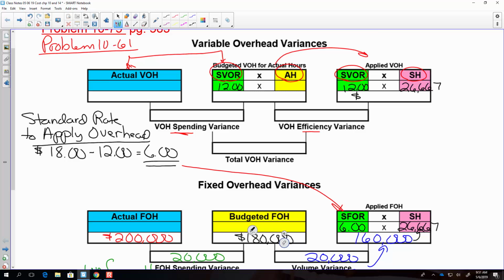Probably not a nice number either, Tom. I kept it in my calculation of 320,000. Oh, okay. So you did no rounding, and got to a good number then? Mm-hmm. Awesome. And they must give us the efficiency variance, which they do, is 18,000 favorable.